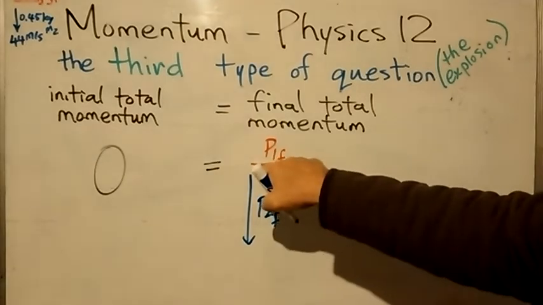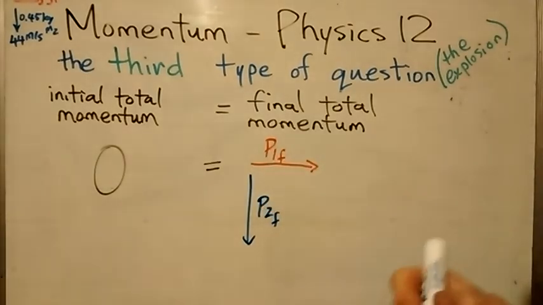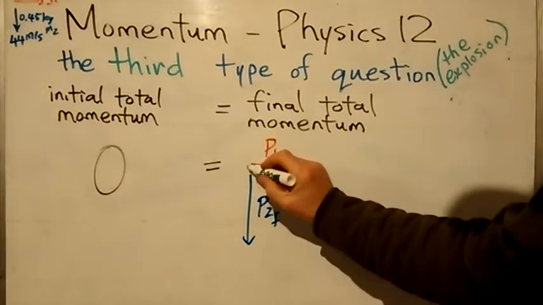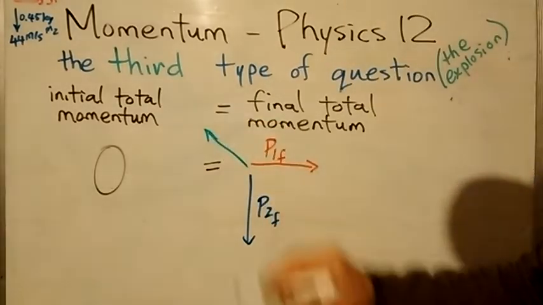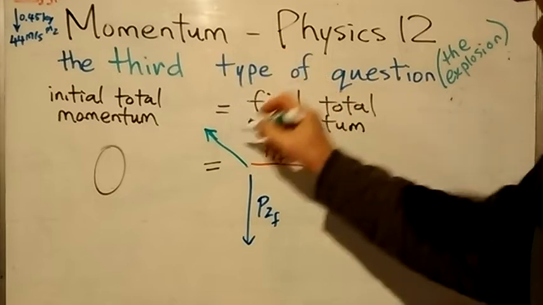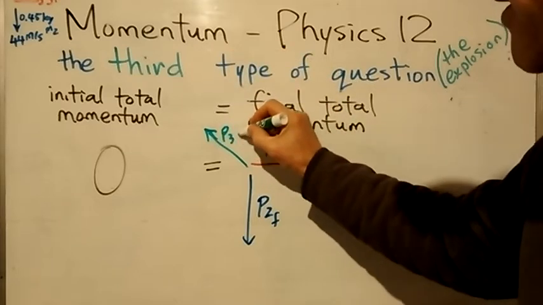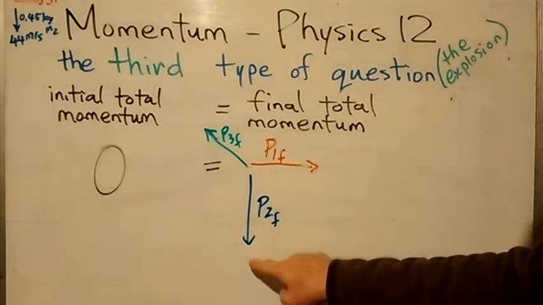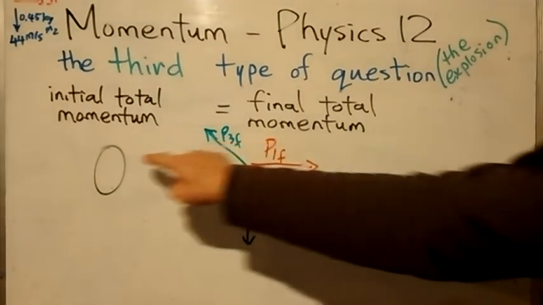So we had one particle going this way, one particle going that way. Probably no surprise that the third particle got pushed out this way somewhere. And that would be P3 final. Let's just check and make sure though. P1 final plus P2 final plus P3 final have to equal 0.